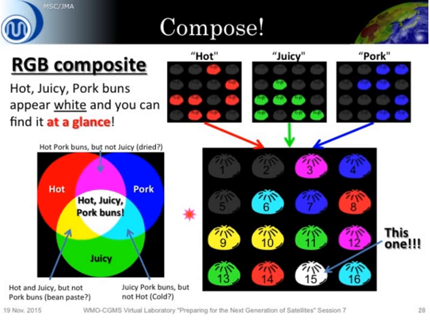According to the RGB technique, hot, juicy pork buns appear white, as denoted here. So this one is the hot, juicy pork bun. By using an RGB composite image, you can find hot, juicy pork buns at a glance.